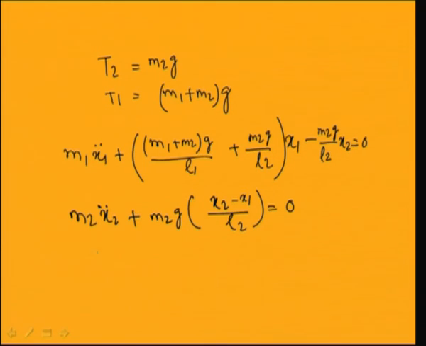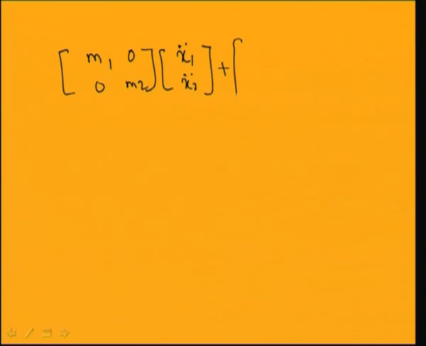For simplicity, let us take this m1 equal to m2 equal to m and this L1 equal to L2 equal to L. So, I can write these two equations in terms of the matrix form. So, this matrix form will give like this. So, this becomes [m1 0; 0 m2] [x1 double dot; x2 double dot] plus, or I can write in the matrix form by substituting that expression.